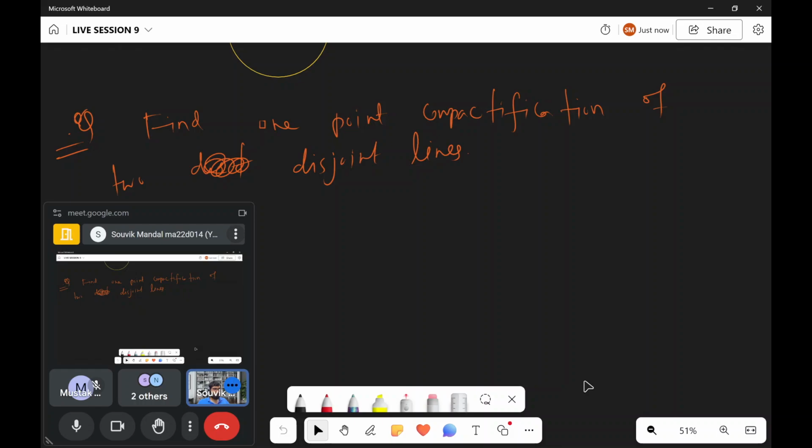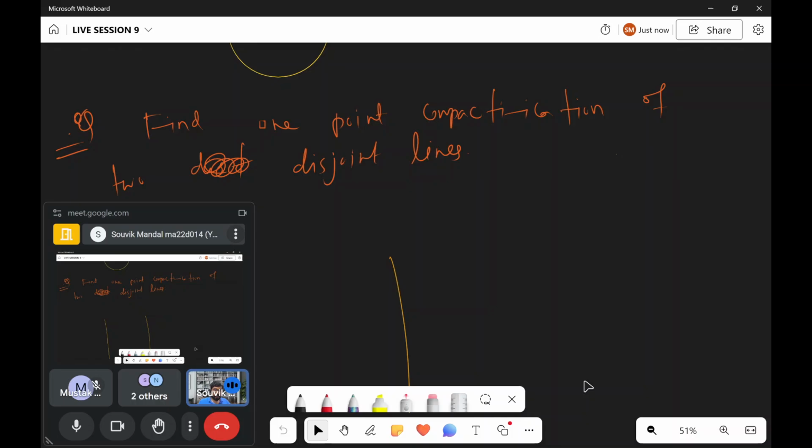That means you have two disjoint lines, finite or infinite, it will work also.